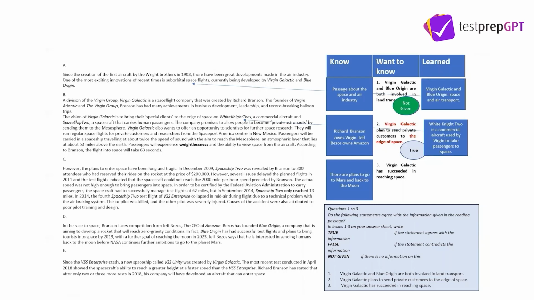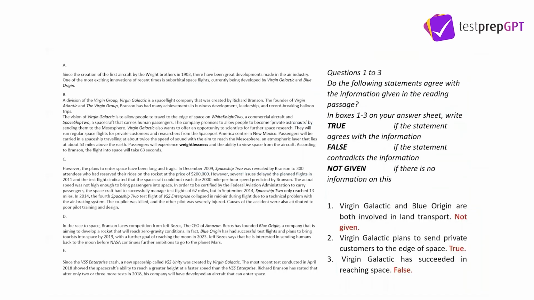So we know that, in fact, Virgin Galactic has failed many times to bring people to space. So number 3 is absolutely false. So this strategy is very useful for gathering information quickly and getting the answers. Not given, true and false are our answers.